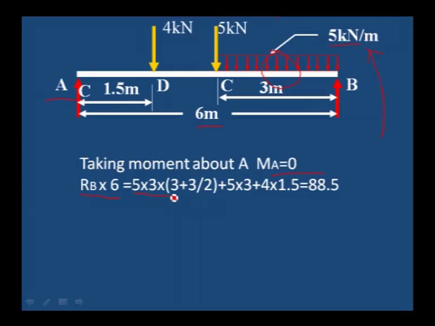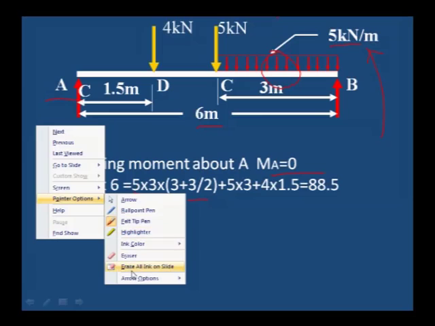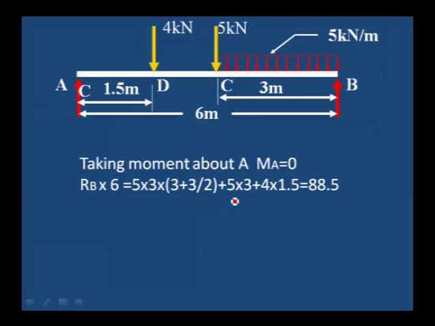So 3 plus, it acts at the center of CB, that is 3 divided by 2. We have to take the distance from the center of UDL to the point where we require the moment. 5 into 3 into 3 plus 3 divided by 2. This is the moment due to the uniformly distributed load.